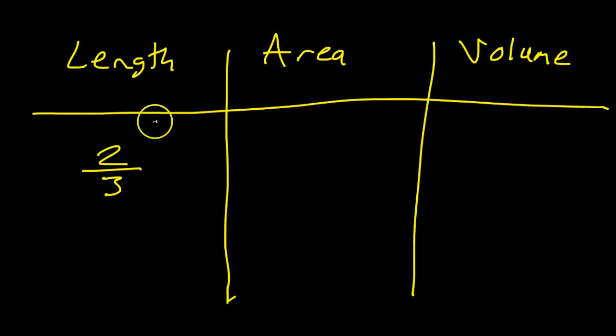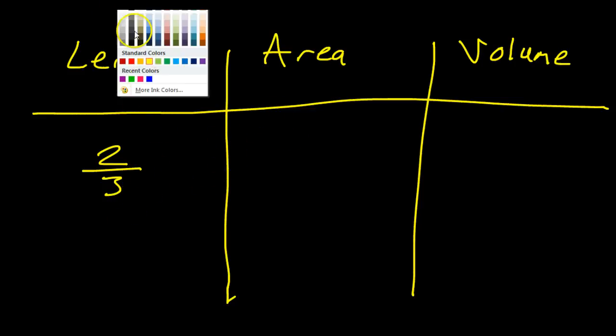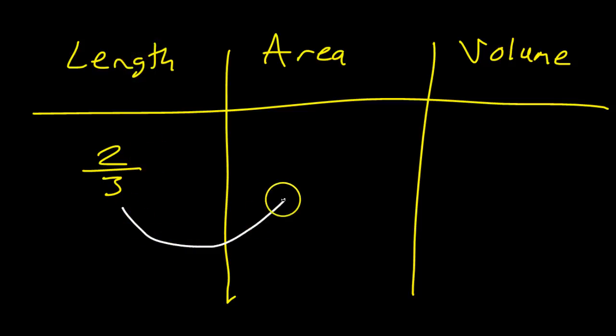Who remembers how I can use that to come up with the area scale factor? Right. To get the area scale factor, you square the length scale factor. So what would the area scale factor be? Right. The area scale factor would be 4 to 9.